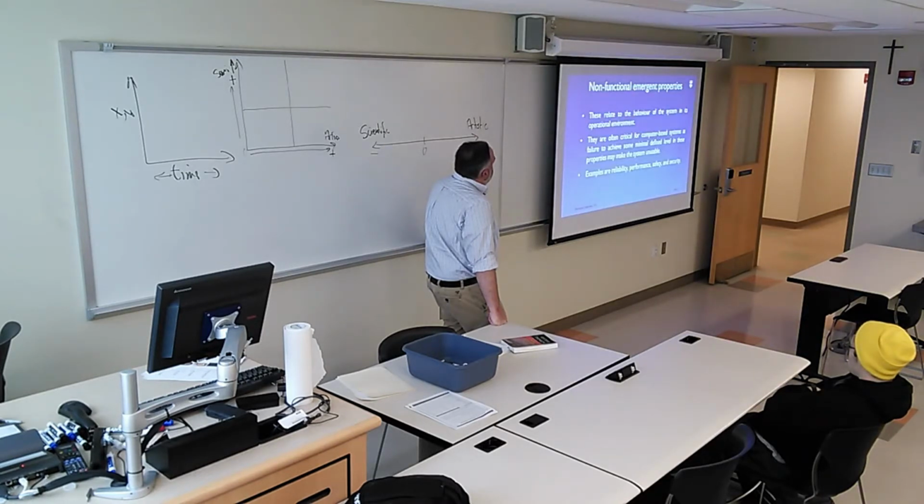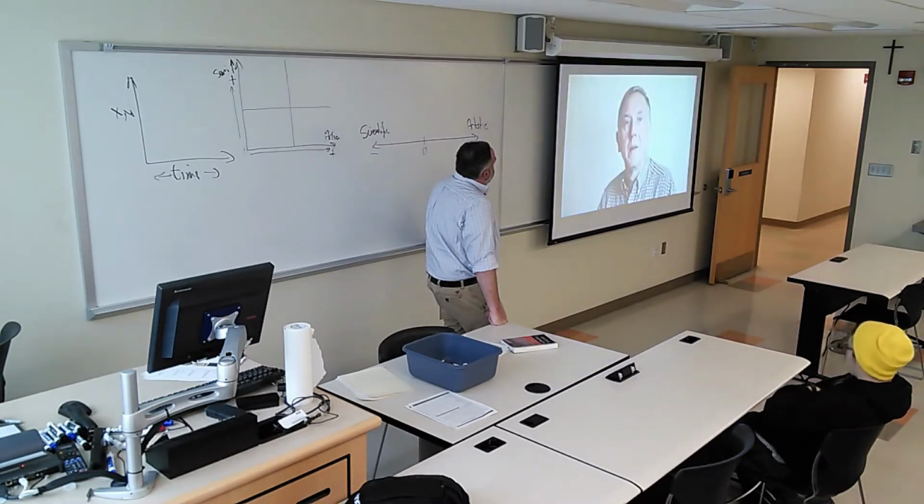Non-functional emergent properties relate to the behaviour of the system rather than its functionality. The abilities, the dependabilities, the security, the safety, usability, reliability, and so on, are all non-functional emergent properties.